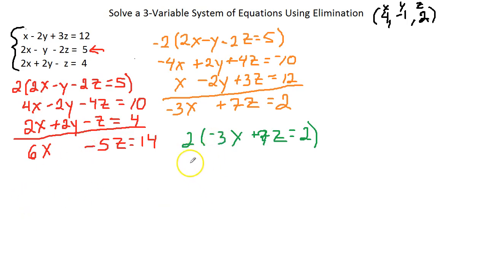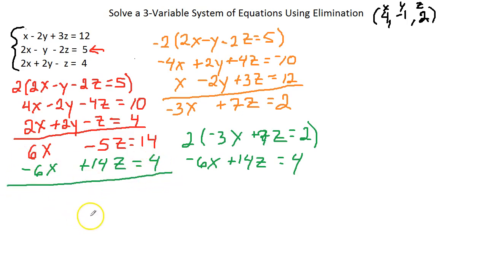So 2 times negative 3x is negative 6x. 2 times 7z is 14z. 2 times 2 is 4. Okay, I'm going to take this, write it under the red one, and we're going to add them together. So negative 6x plus 14z equals 4.